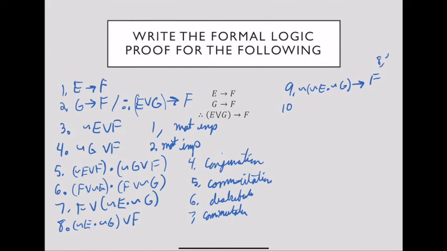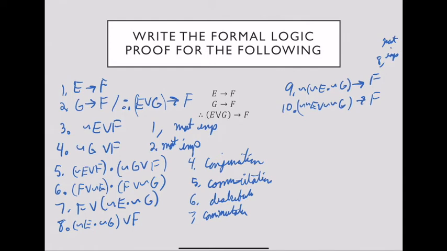Oh, so this was row 8, material implication. Now on row 10, I've got De Morgan's, so I've got not E or not G implies F.